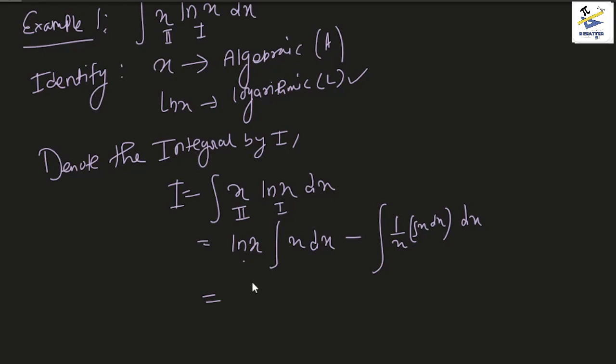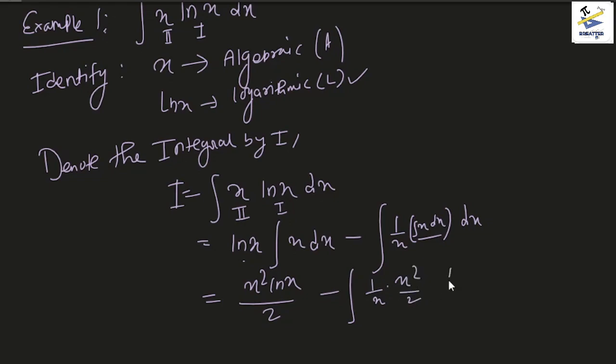The integral of x dx is just x square by 2. So it should be x square ln x by 2 minus the integral of the derivative of log x, which is 1 by x, and again the integral of x is x square by 2. In this inner integral you do not need to include the constant c, since we are just trying to find the integral and accept the constant.